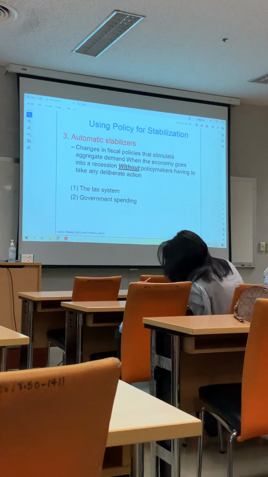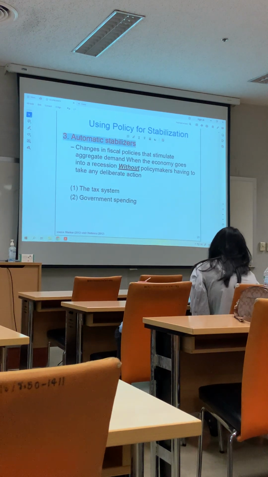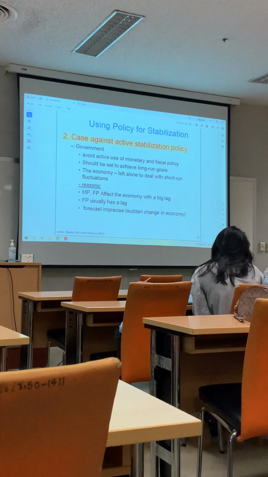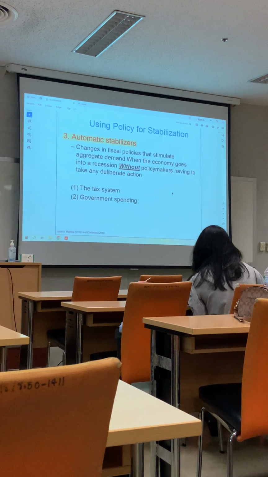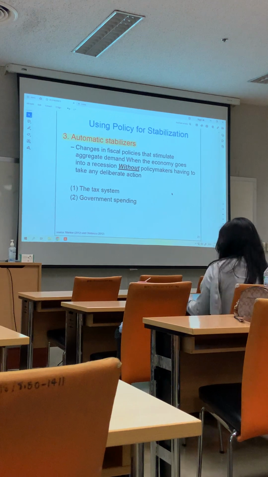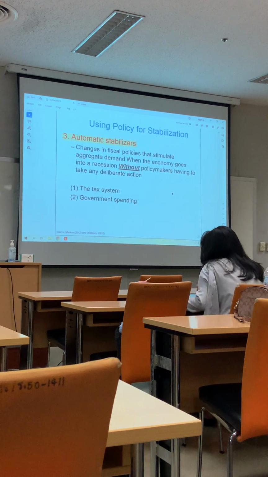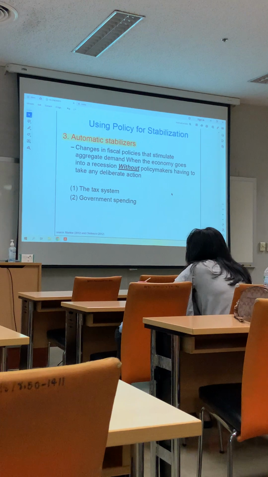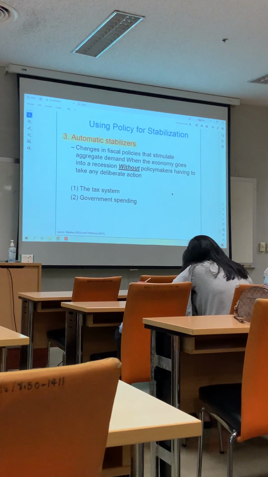And the last group says that, okay, I don't want to use policy, but I will set up something so-called automatic stabilizers. I will set up some systems in the economy, so-called automatic stabilizers. And once I set up these systems, they can stabilize the economy by itself.